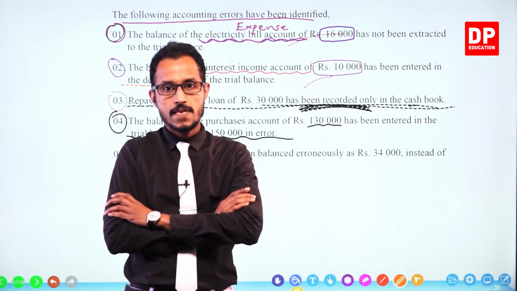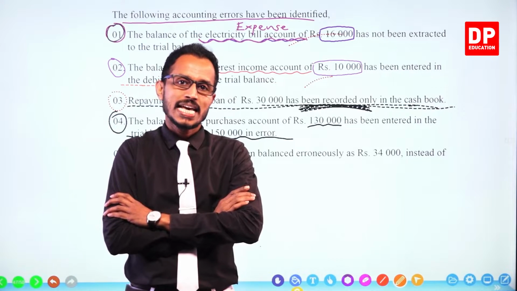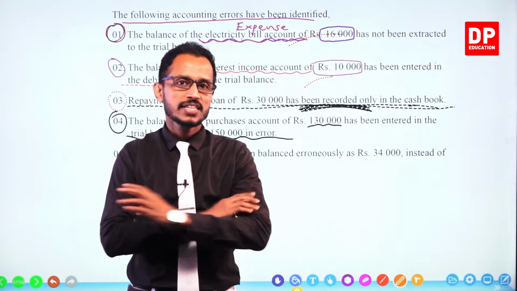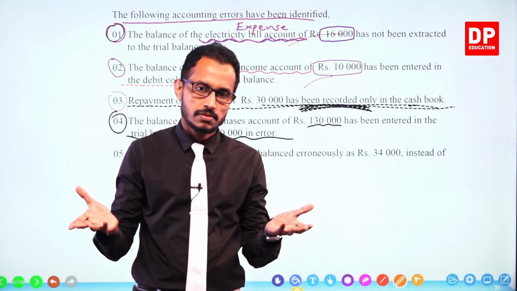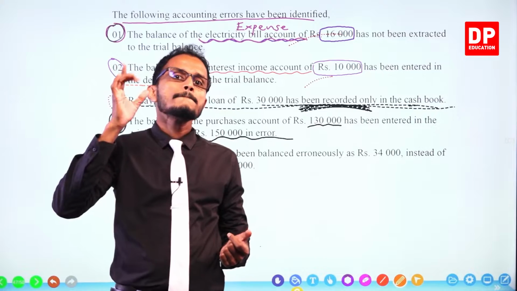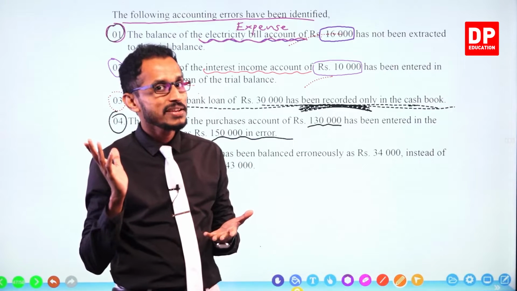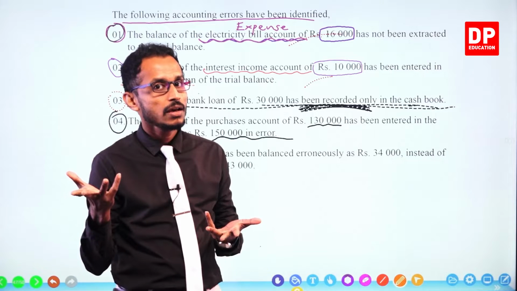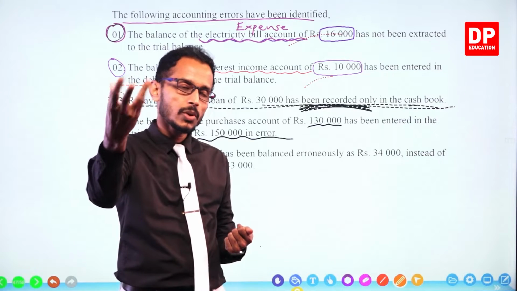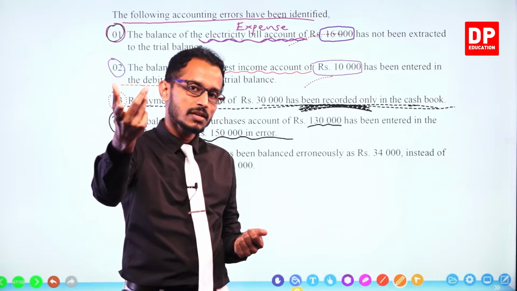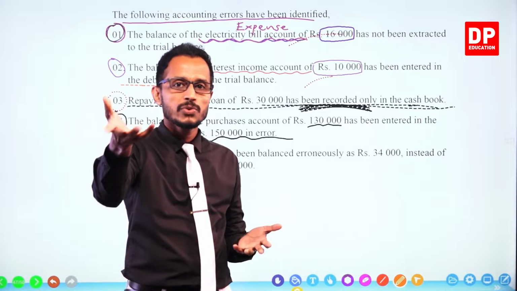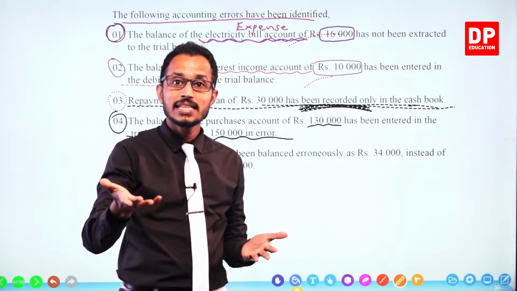Correction entries are double entries. Where do you write these double entries? Where do you write these correction entries? In the general journal.